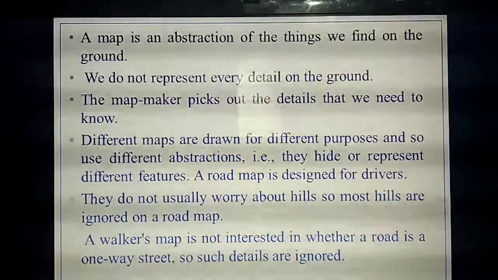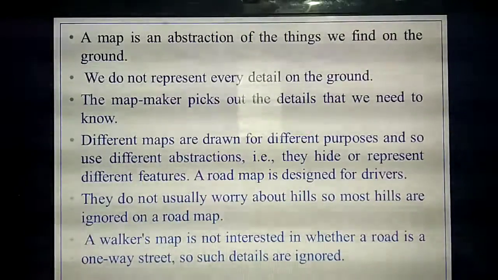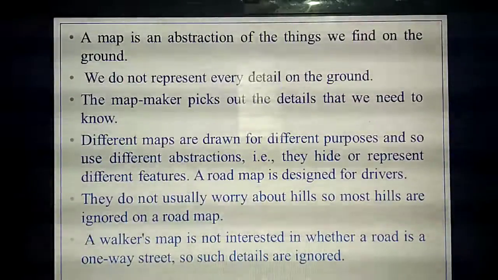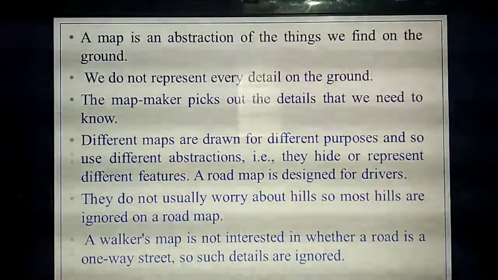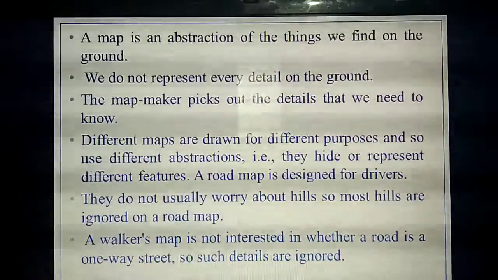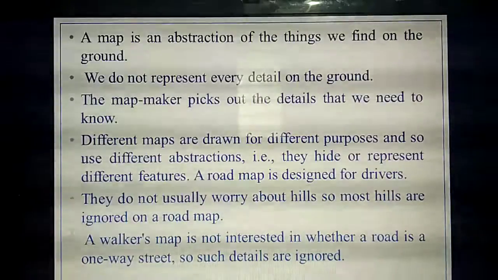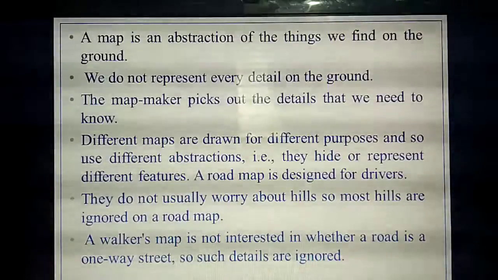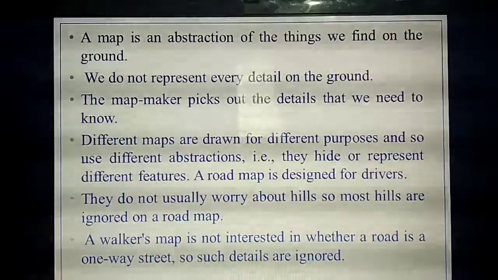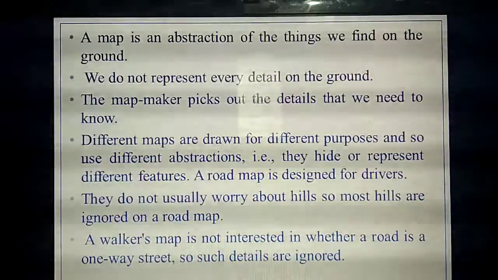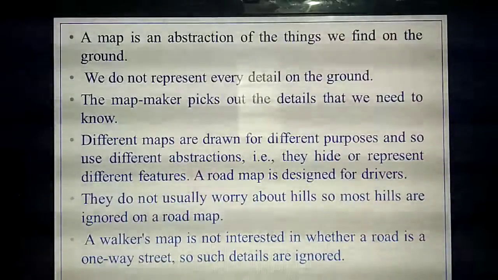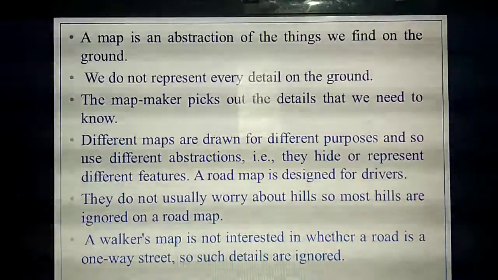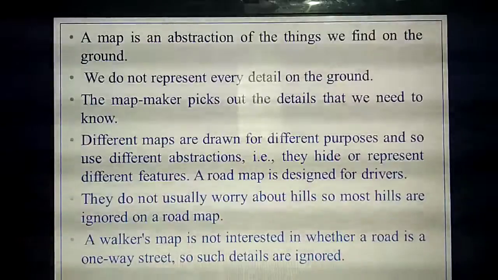For example, when designing a road map, they won't check whether a hill is near the road; they ignore the hills and nearby places. Only where they are providing the road will they check what other things are there. If they are designing railways, they won't bother about other roads. Only the necessary things from the map they check. That is called abstraction.